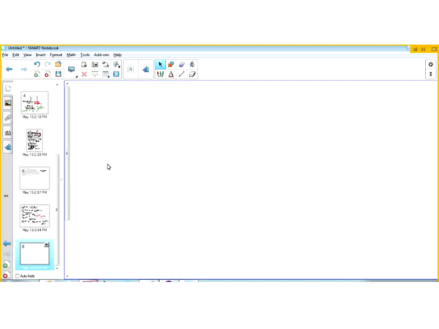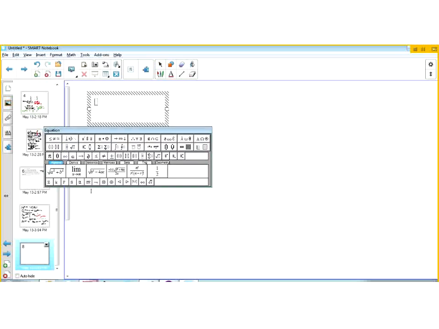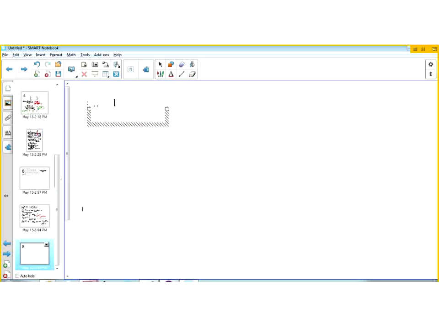The question I want to ask next is this: we want to evaluate the limit as x approaches 0 of this function right here, 1 divided by x squared. What is that? Can we find this? So let's take a graphical approach.